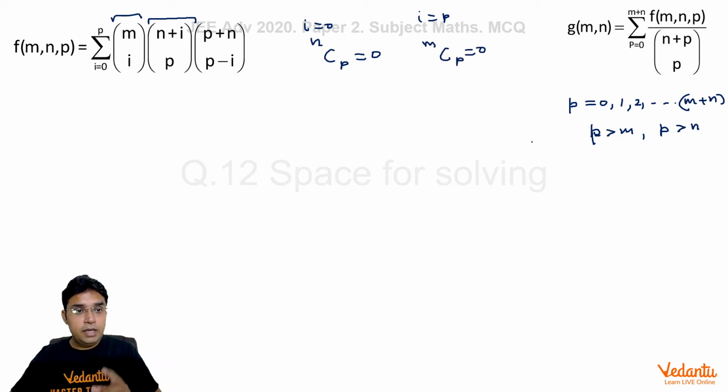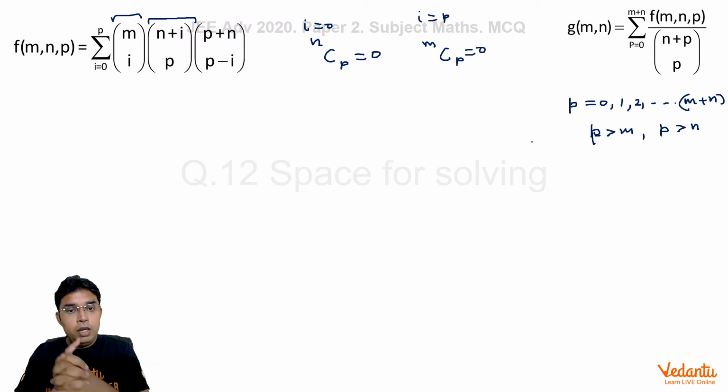So that means in this f(m, n, p), if my p is greater than m or n, you can get some 0 terms in the beginning or in the end also. To understand the impact of that, let us simplify it and I'll tell you how we can get this expression very easily.